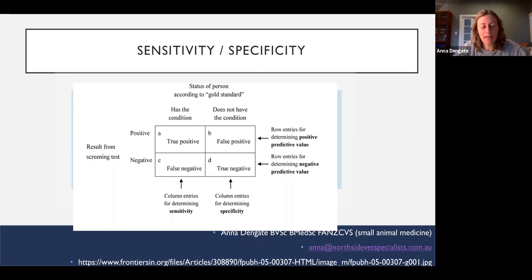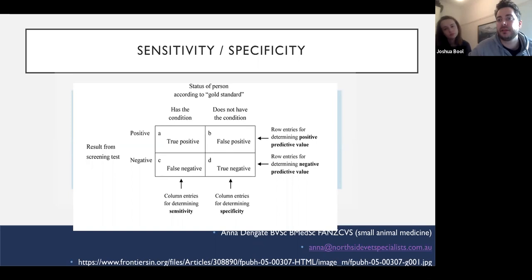I'm trying to work out where this sits in the sensitivity and specificity. Tell me about antibody testing for coronavirus. Can you make a diagnosis of FIP if they test positive? No, I don't think so, because if they have been exposed to any feline coronavirus, then they can be positive.